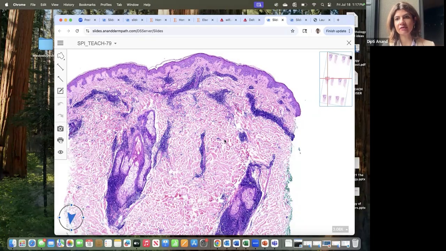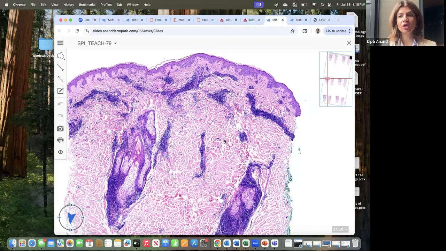Number 3, erythema chronicum migrans, which is your rash of Lyme disease. Number 4, erythema marginatum, which is your rash of rheumatic fever. And number 5 is Jessner's lymphocytic infiltrate. So EAC, erythema chronicum migrans, erythema gyratum repens, Jessner's lymphocytic infiltrate, and erythema marginatum. All of those are your gyrate erythemas.